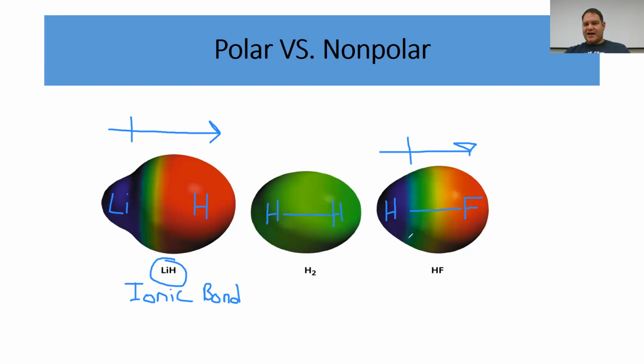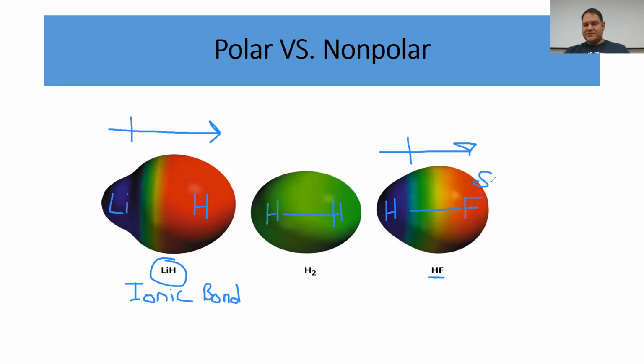In other words, is the hydrogen transferring its electrons to the fluorine for the most part, or is there an unequal sharing occurring here? Well, it all depends on the difference in the electronegativity values, which we're going to look at in just a moment. Because the difference in electronegativity between hydrogen and fluorine is big, but not super big as it is between lithium and hydrogen, this is not going to be an ionic bond. This is going to be a polar covalent bond.